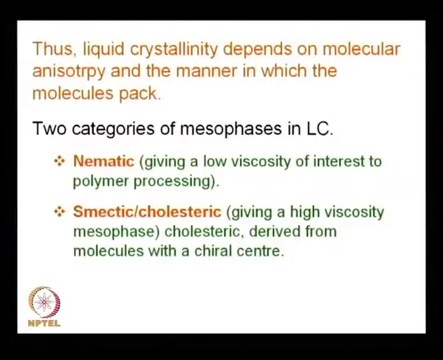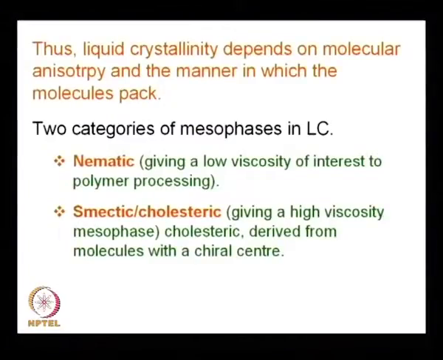You will see when you see the models of these liquid crystalline polymers, you will understand how molecular composites can be prepared from liquid crystalline polymers, how very strong fibers can be prepared from them.